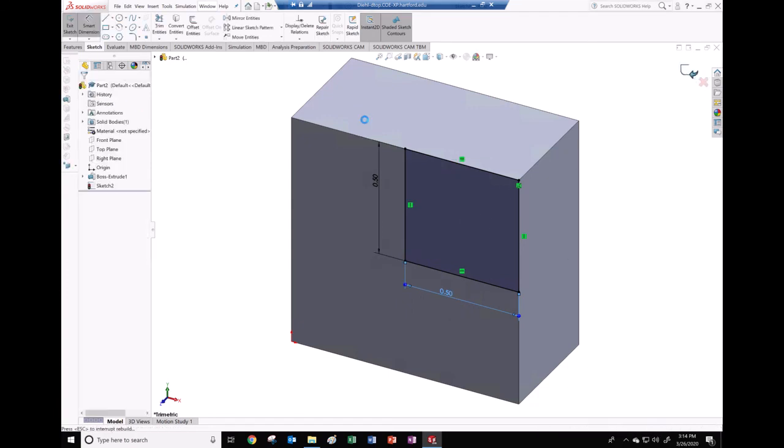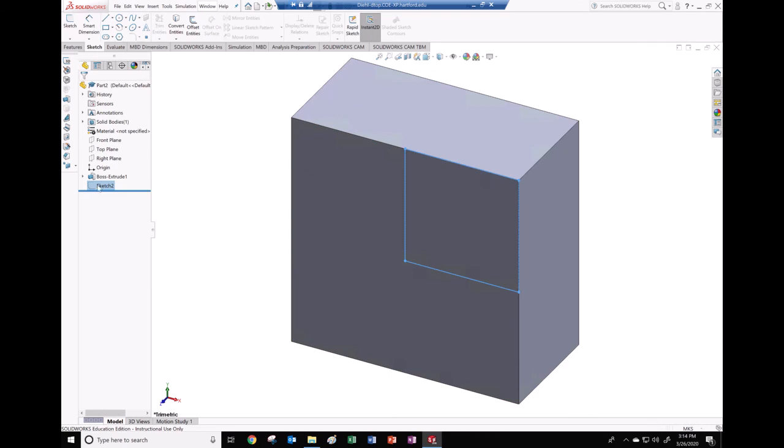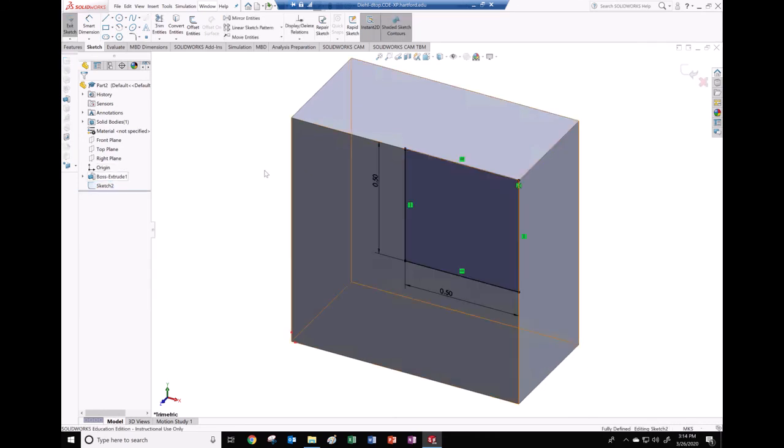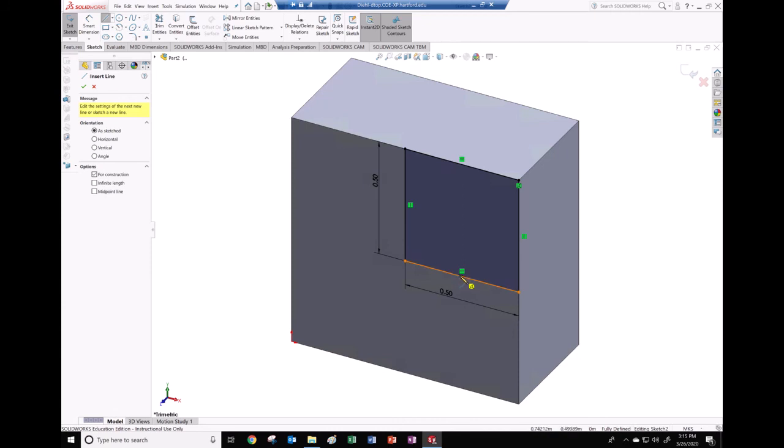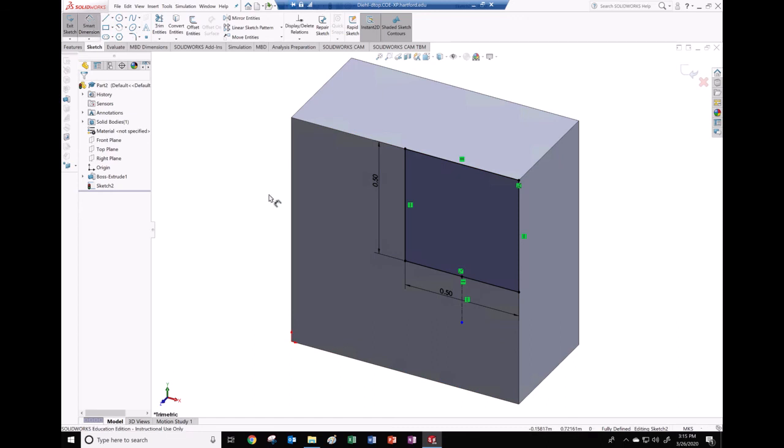That means it's fully defined. Actually, while I'm there, I could have done this in one. It is not going to hurt anything. I will make a center line from the center of this downwards, and that should be 0.25, right? Let's double check that.